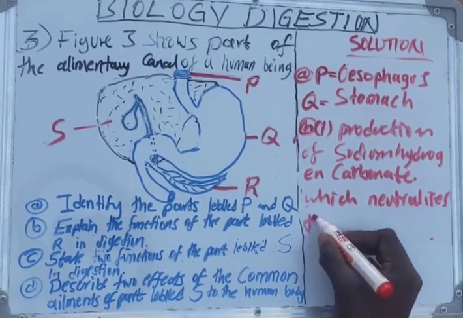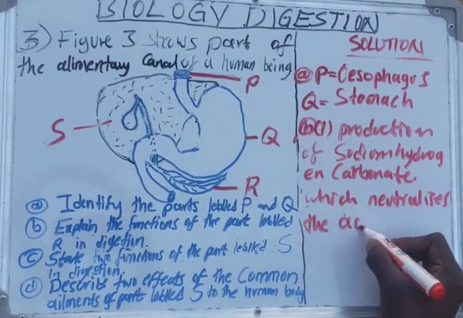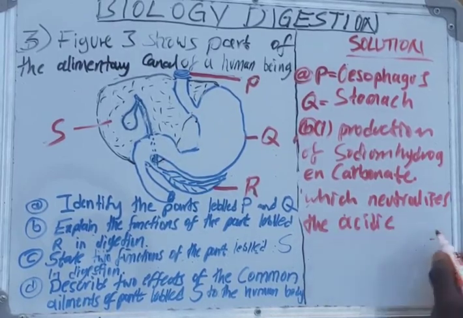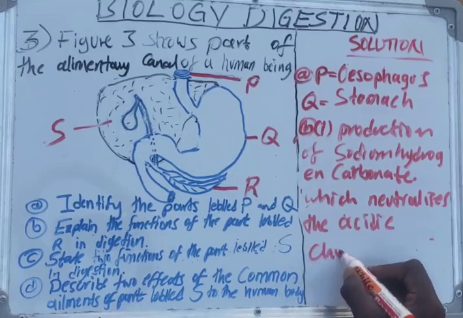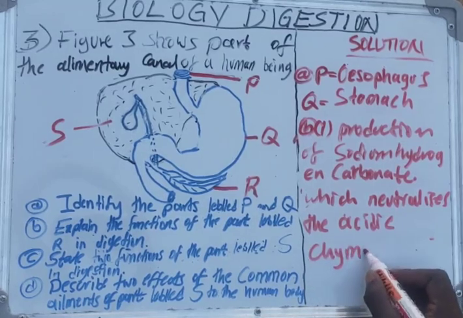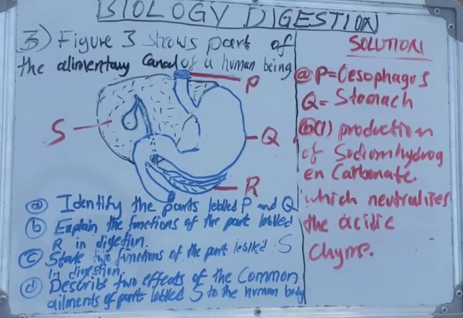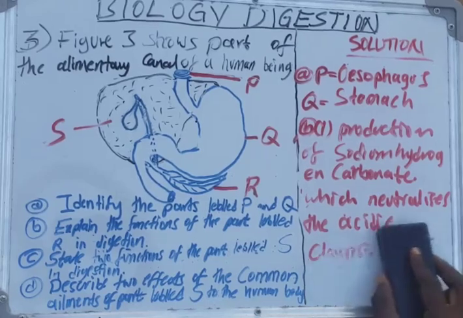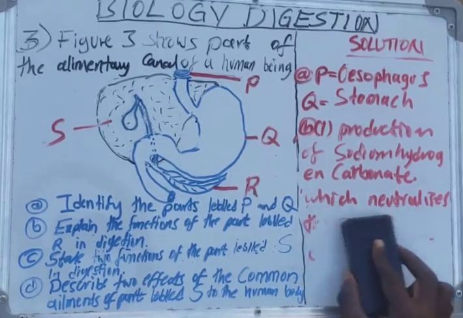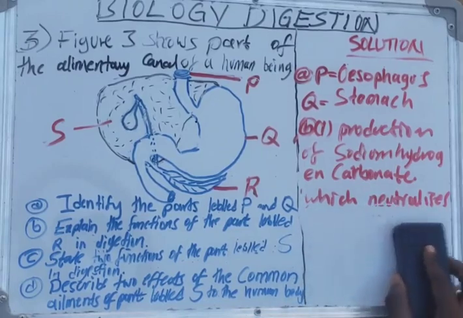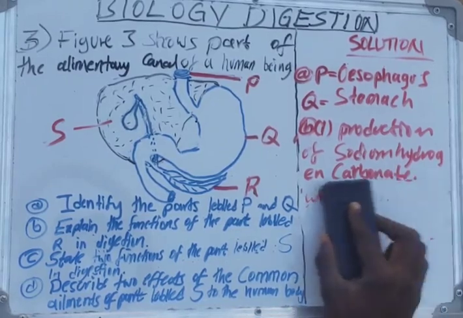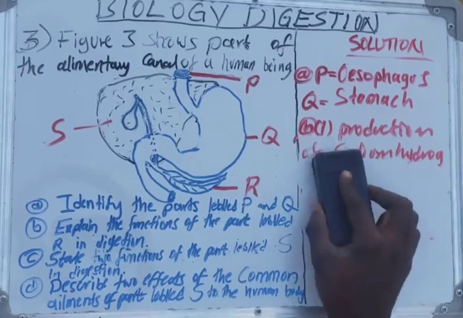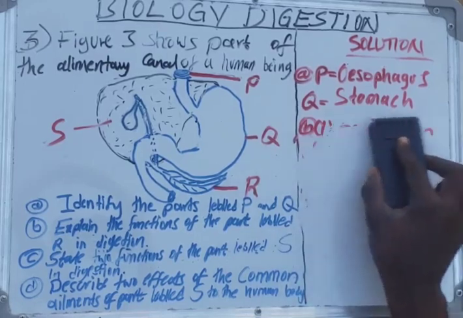This is the second function of part R, production of sodium hydrogen carbonate, which neutralizes the acidic chyme which comes from the stomach.